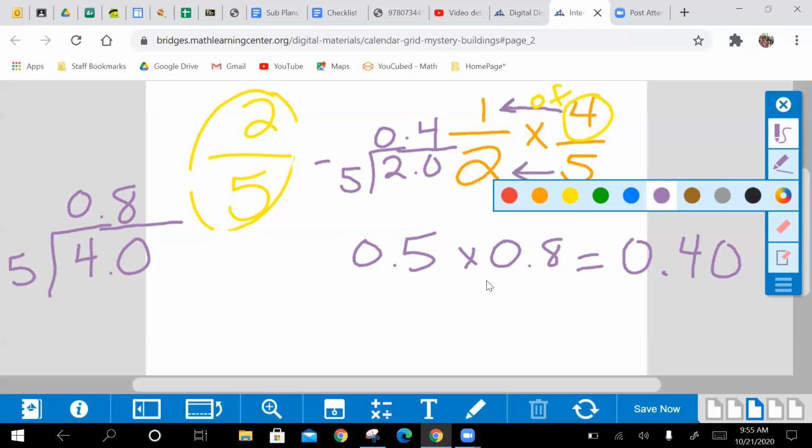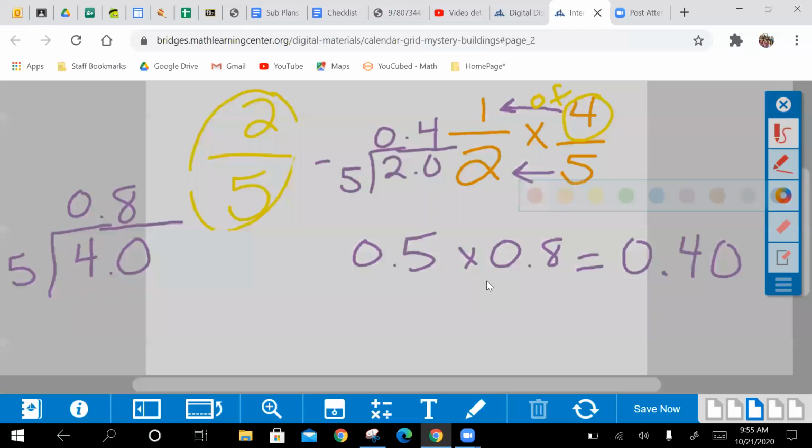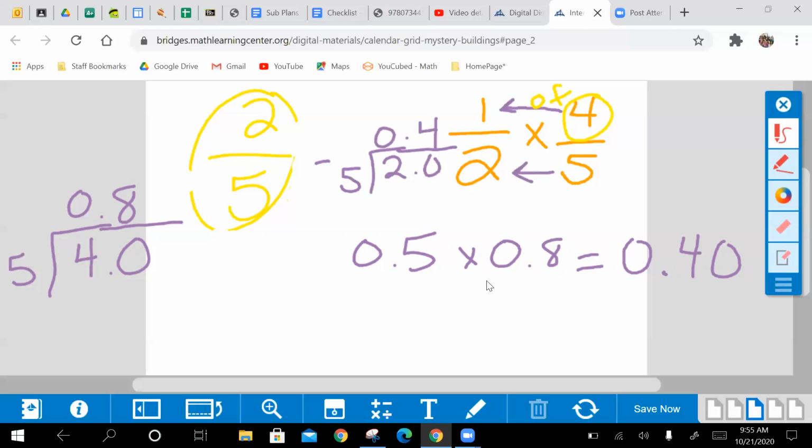Not that that's the most practical thing, I'm just showing you that when you are multiplying fractions, you're really multiplying decimals too, because fractions are decimals. You can turn a fraction into a decimal, and you can turn a decimal into a fraction. So when we multiplied them as decimals, we got 4/10.